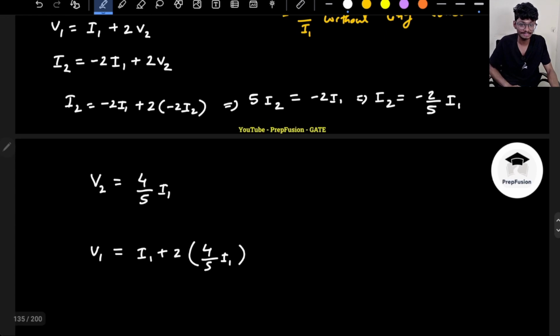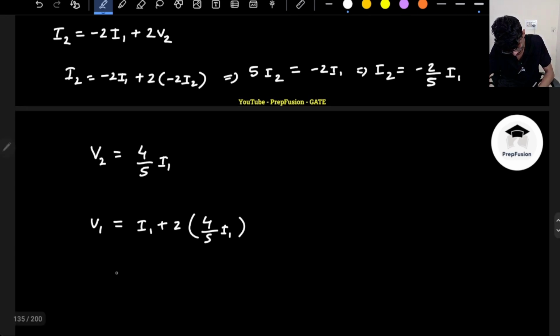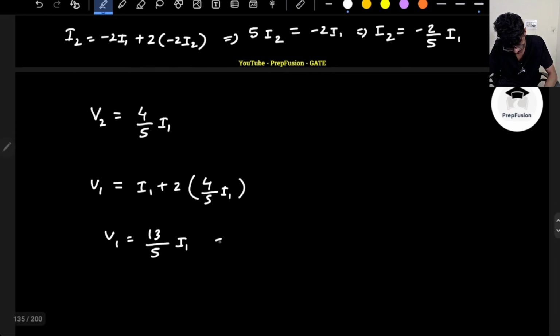So from here I can easily get the R equivalent. What will be my R equivalent? This will be 8 by 5, and V1 equals 13 by 5 I1, and V1 by I1 is equal to 13 by 5. Okay, from here this is my R equivalent.